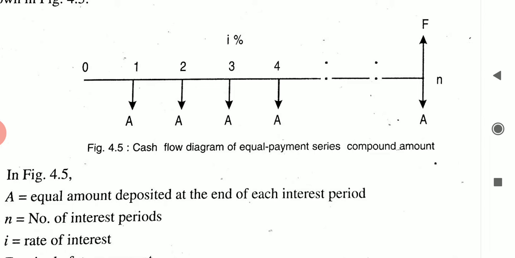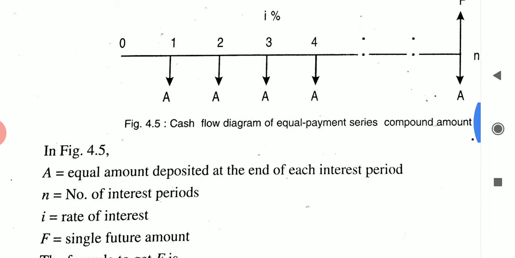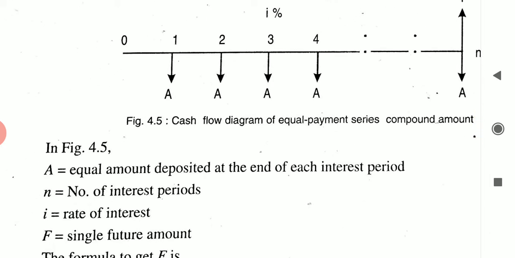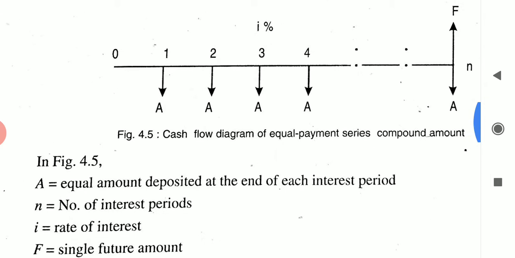The corresponding cash flow diagram is like this, and A is the equal amount deposited at the end of each interest period.